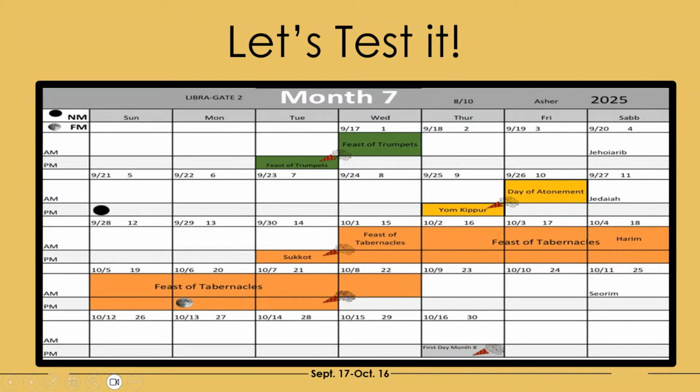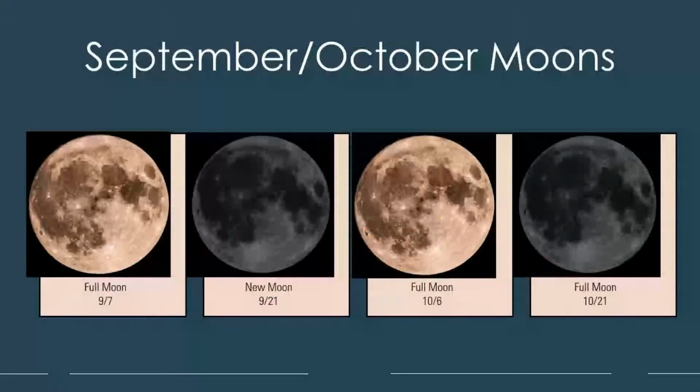Now, we are going to see how the moon confirms the months with the other luminaries, the stars. Okay, so we have some full moons and new moons in the months of September and October. We're going to test this information. Okay, so on September 7th, there was a full moon.